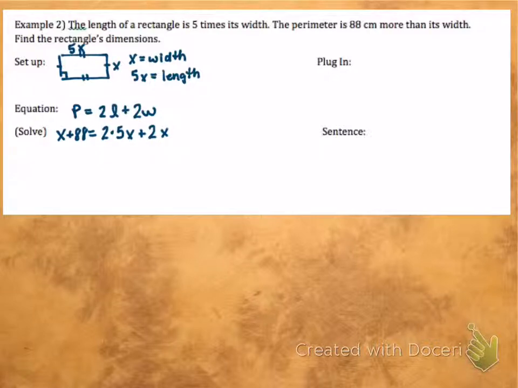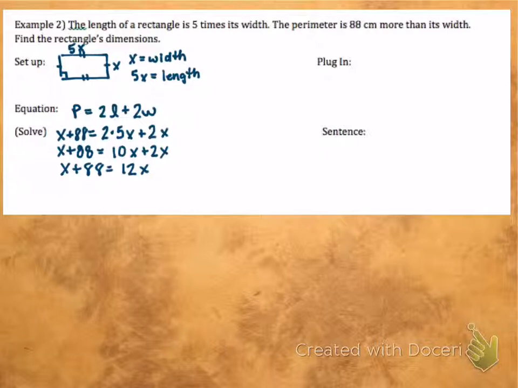So we have like terms to combine and some simplifying to do. We have x plus 88 on the right. This would be 10x plus 2x. Of course, we can simplify that even further because 10x plus 2x would give us 12x. Now we want to make sure we get variables to one side.